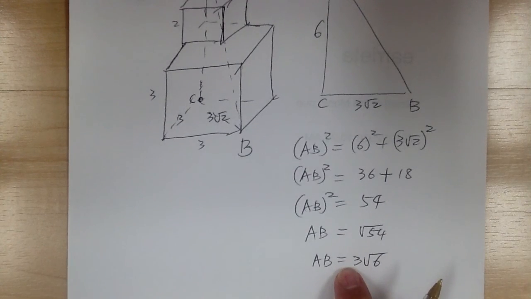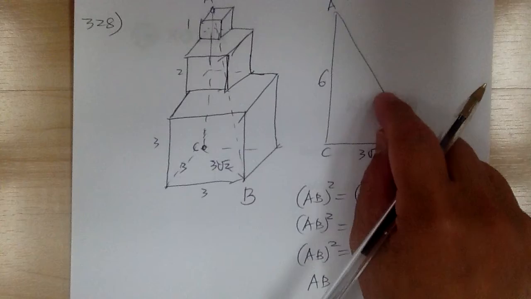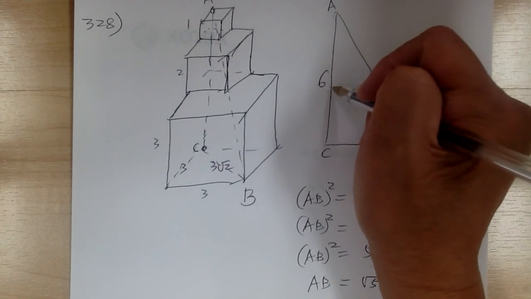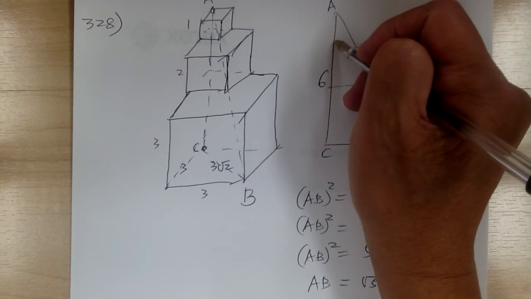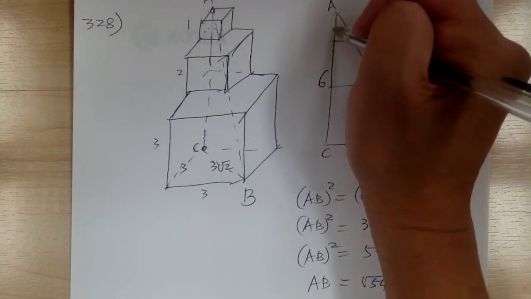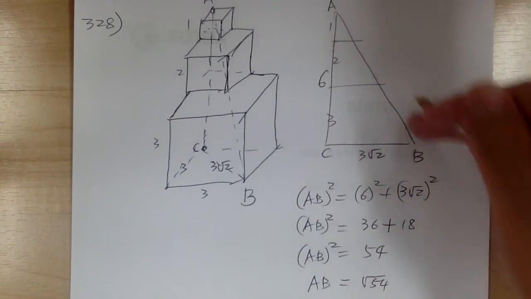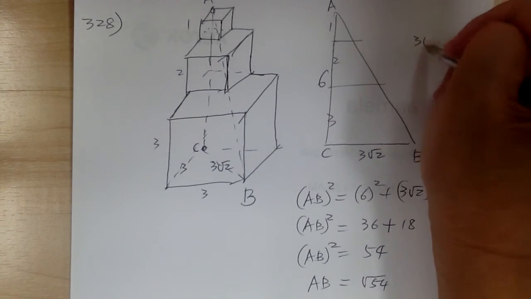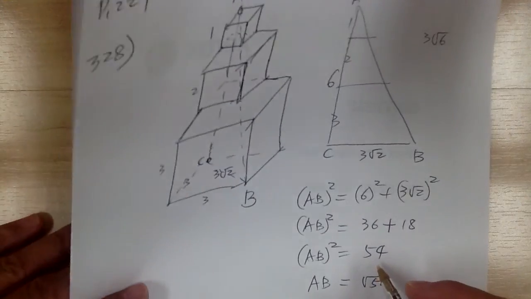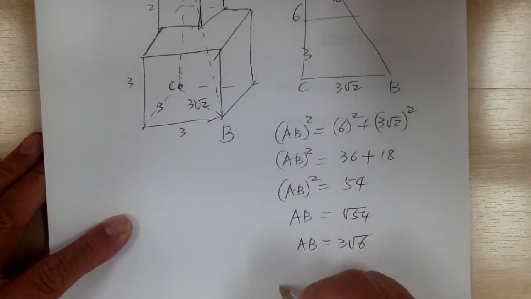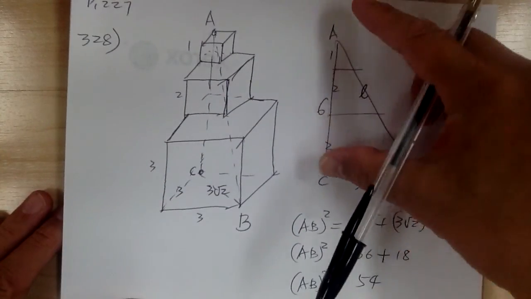And now you have to use a ratio. The length that you need, so this kind of divides into, that's your 1, 2, 3, right? So again, using the proportion, this is 3 square root of 6. So the length, let's call this L, would be 2 out of 6.